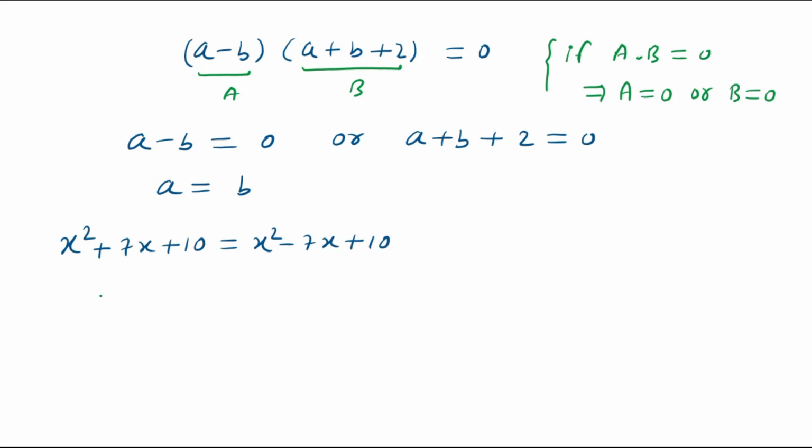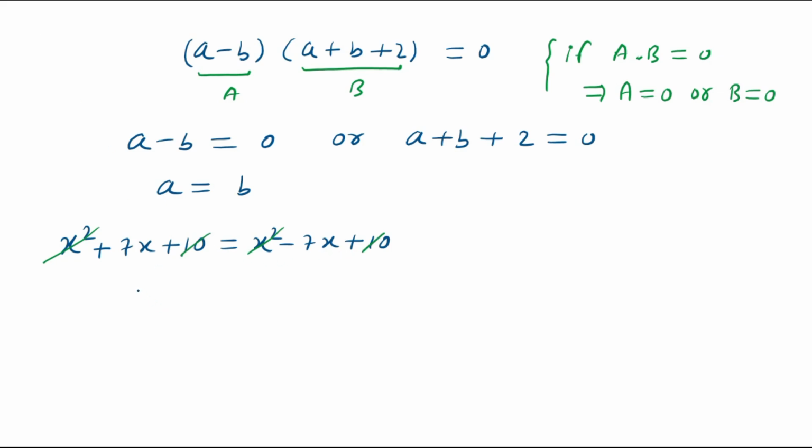On the left hand side there is x square, and on the right hand side x square. If we subtract x square from both sides, then this x square and this x square cancel out. Similarly, if we subtract 10 from both sides, then this 10 and this 10 cancel out.